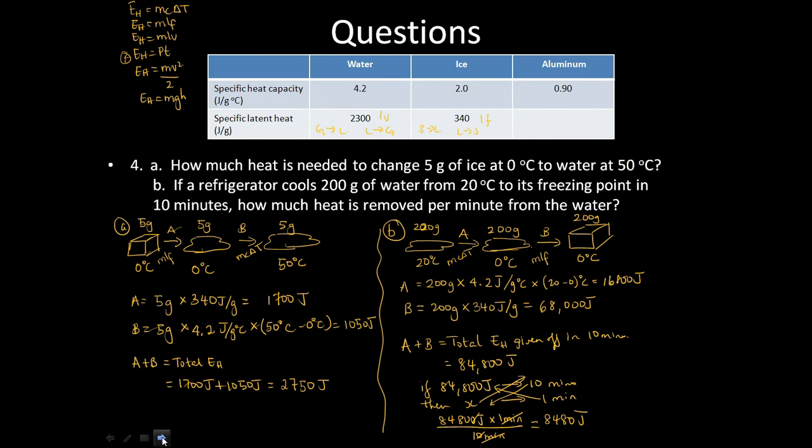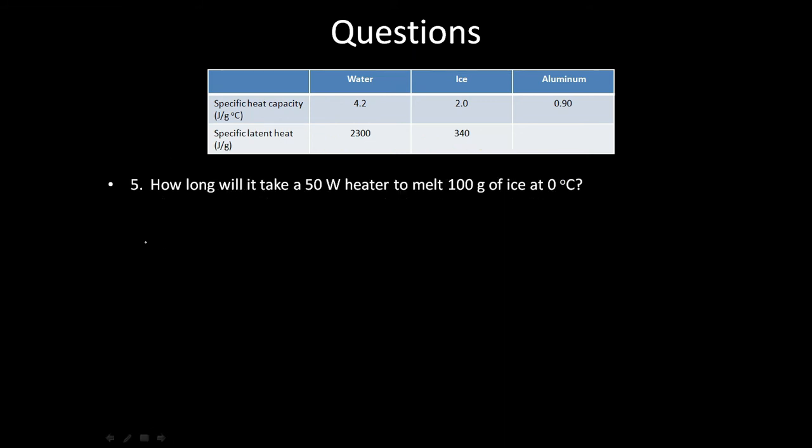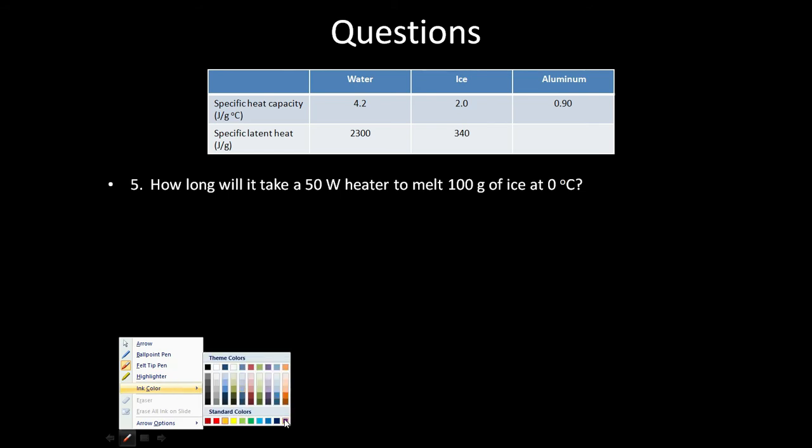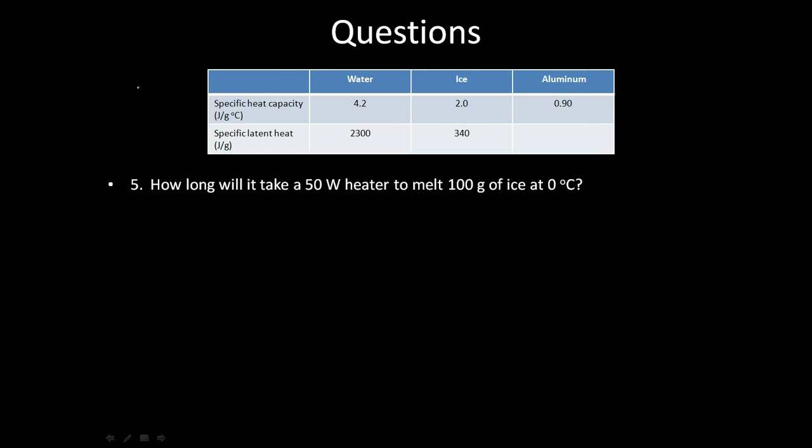Okay, so moving on to question 5. I think I'm going to use a nice dark color now, purple. And I'm going to write back the equations at the top here. EH equal to MCAT. EH equals to MLF.